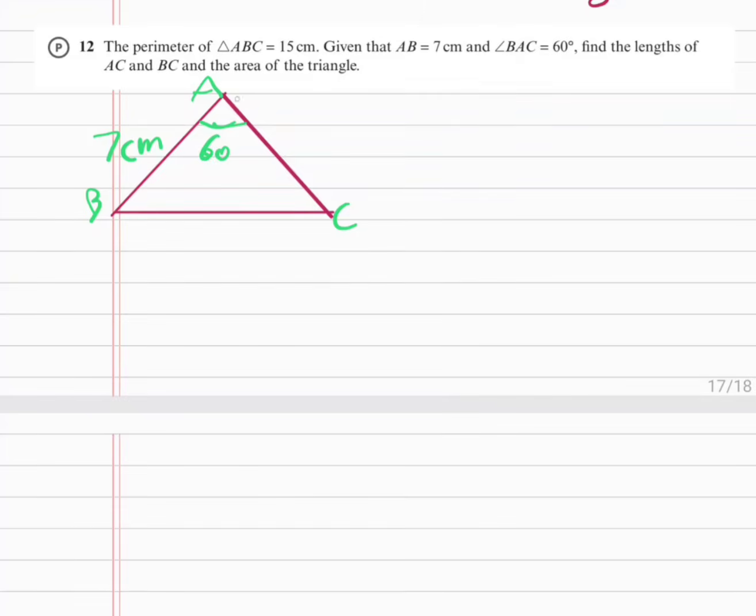Because the goal is to find both AC and BC, and then at the end we can have the area. Obviously, if you know AC, then we can find the area. Another important piece of information is the fact that the perimeter is equal to 15 centimeters. Now, let's say the length of BC is x, and then if we want to write the length of AC in terms of x, that's going to be 15 minus 7 minus x, right?